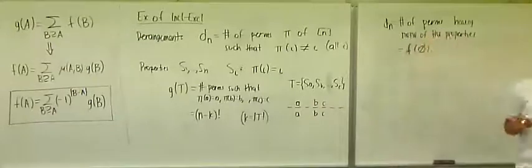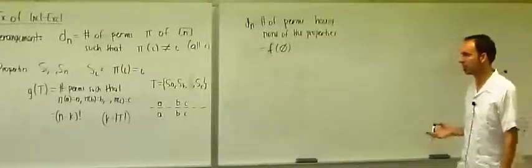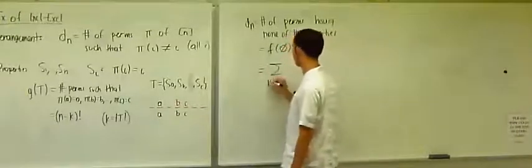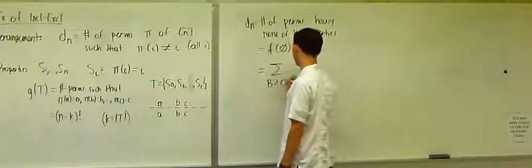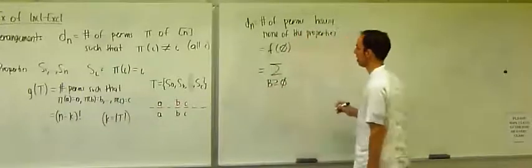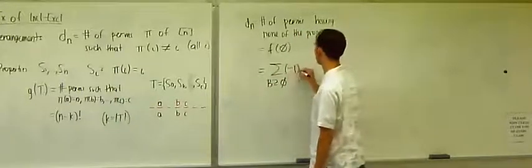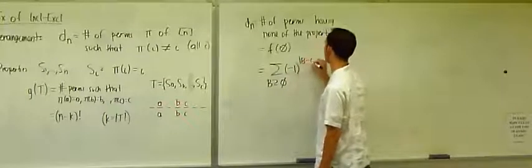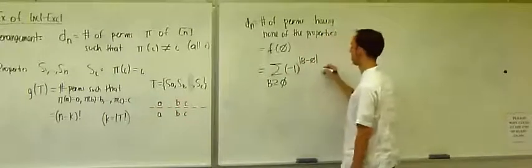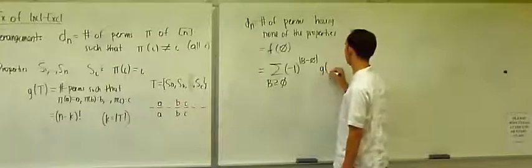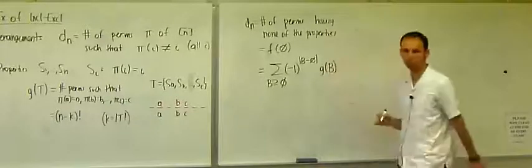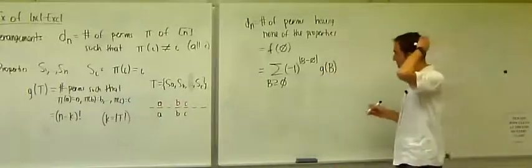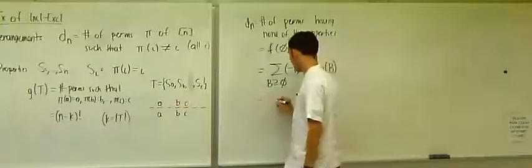And the inclusion-exclusion formula tells us what that is equal to. This is equal to the sum over all the b's contained in the empty set of minus 1 to the b minus empty set, g of b. Now, it's pretty easy to contain the empty set.